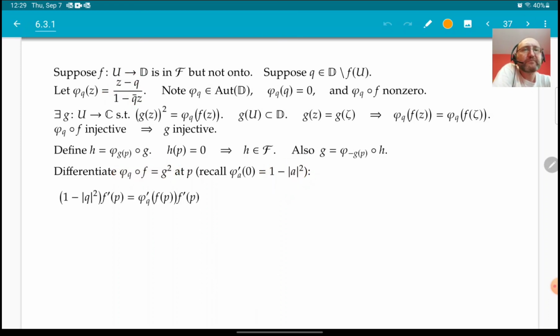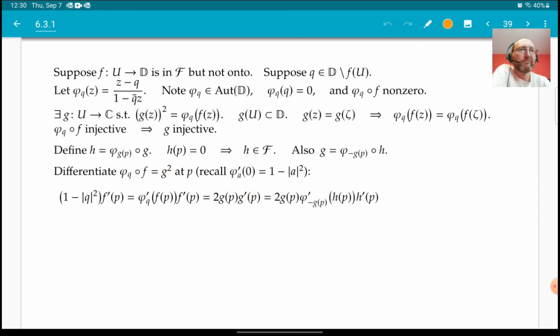So if I differentiate this side, I get this, that's just the chain rule. f of p is 0, so I have phi prime of q at 0, and that's just this thing. Now, on the right-hand side, I have g squared, so if I differentiate that, again by chain rule, I get this, 2 g of p, g prime of p.